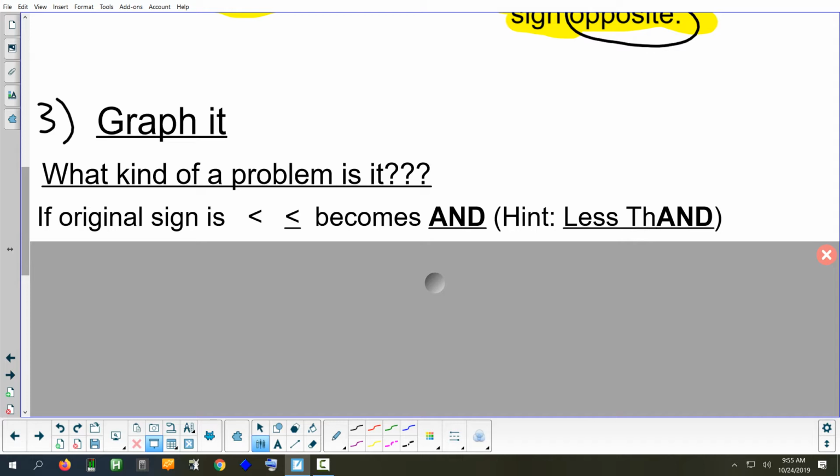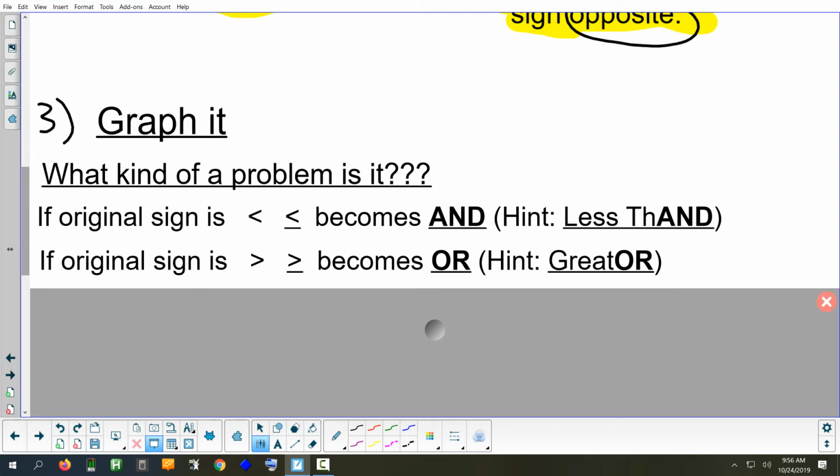If the original problem is a less than or equal to, you're going to write the word and. My hint to remember that: think about if you pronounce less than, instead of less than, say less thand, just like add a D on the end. Less than and. So think of less than and. If the original problem was greater or equal, think about if you say it like that.